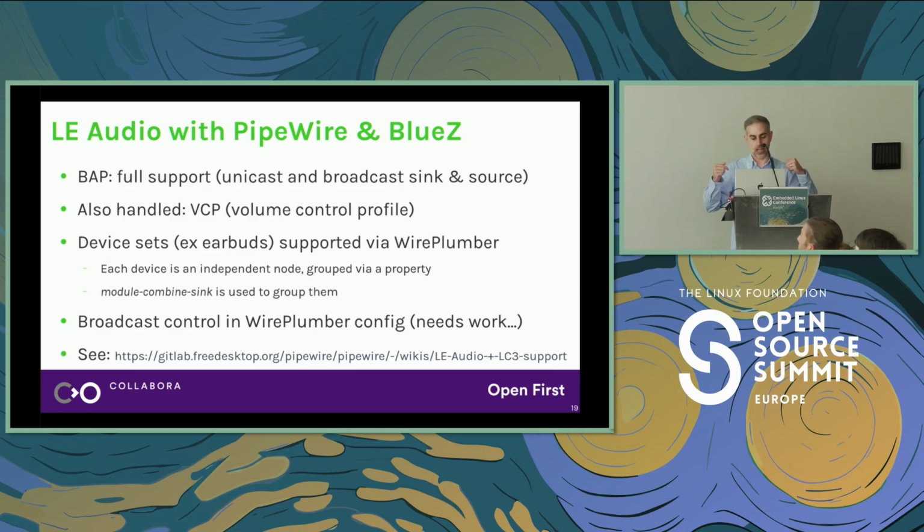And what happens is, because BlueZ knows that they are a coordinated set, it will set some property, and that property propagates all the way to WirePlumber, and WirePlumber will set up a combined sink to basically present them as one device, but then it splits the audio and routes it to both devices.